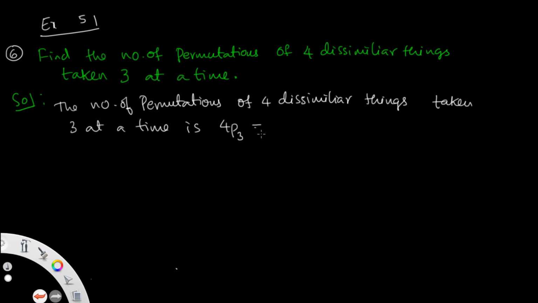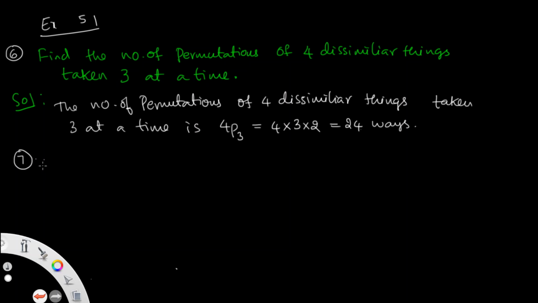That is nothing but 4 into 3 into 2, that is 24 ways. That's all. How many things are there? Totally 4 things taken 3 at a time. So put it in the form nPr, which is nothing but 4P3 here. This is question number 6.